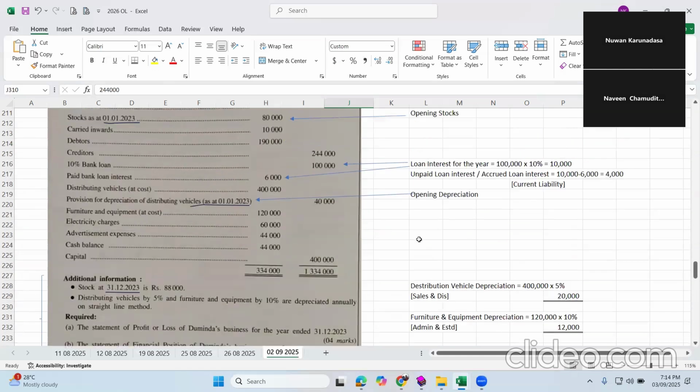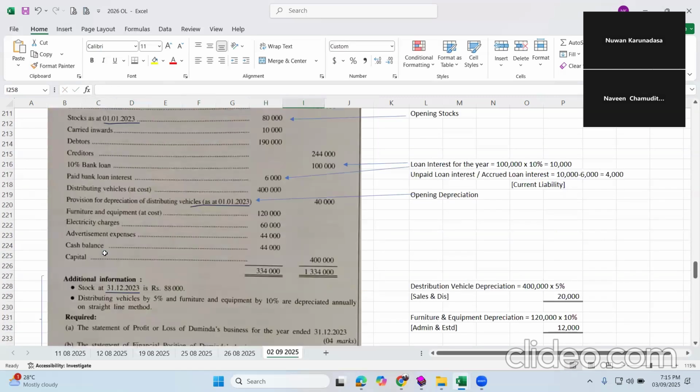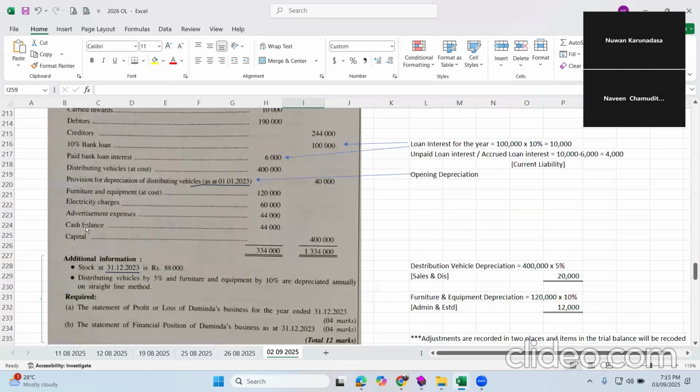Then it's done. Next, distribution vehicle, we have done it. Provision for depreciation, we did it. Furniture and equipment, we did it. Electricity is an administration expense, 60,000.